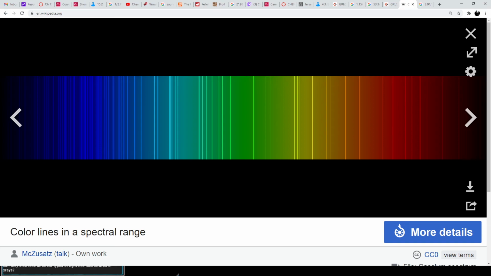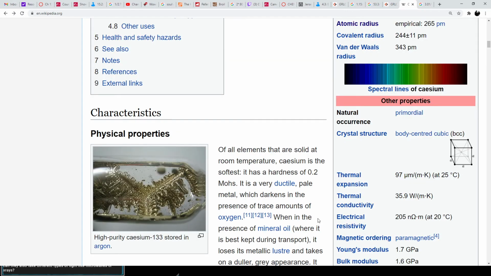And so we're going to see that each element can be identified by the spectrum of light that it gives out. We saw the hydrogen one's pretty simple. Hydrogen only has one electron, so it can only do a few things. We're going to see cesium has a ton of different energy levels. And you can see some of these energy levels are really close together. Some of them are a bit more far apart. And so we're going to be talking about all that sort of stuff here.